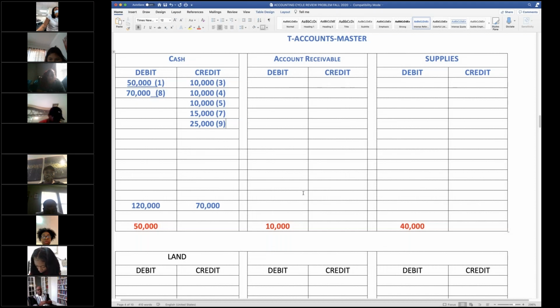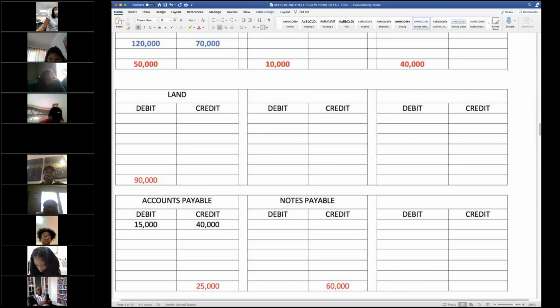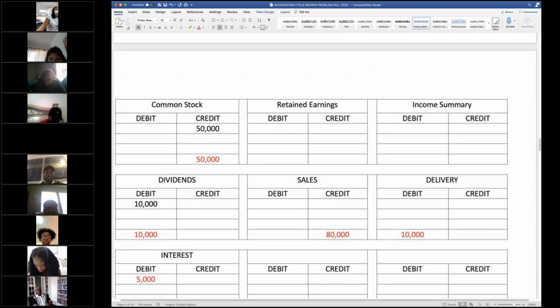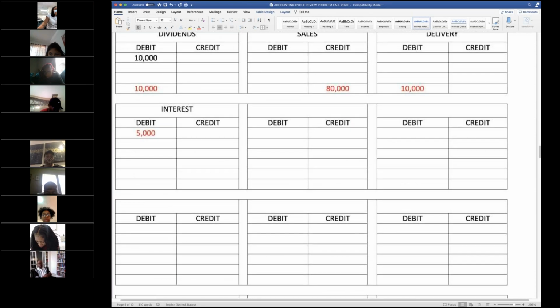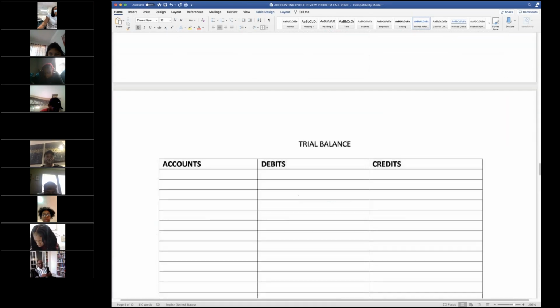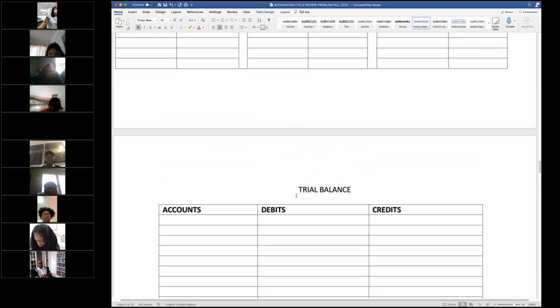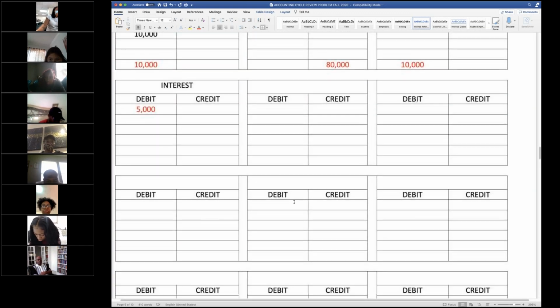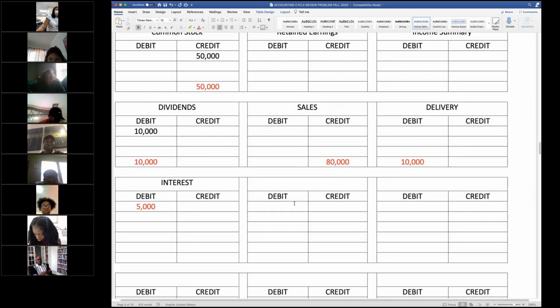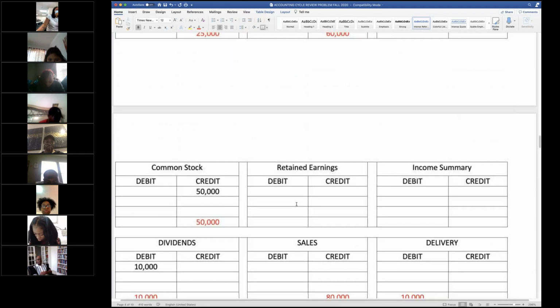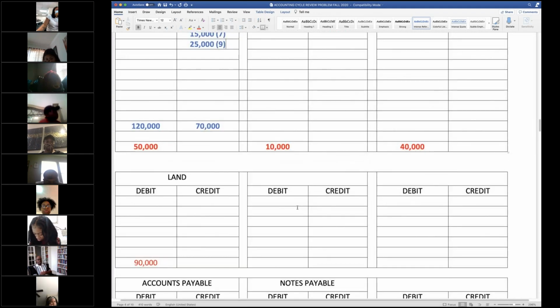Okay, take all these red numbers now and create a trial balance in the same order. Can you go back to where the accounts payable is? I don't know which side to put it on. Is it the debit or credit side when I add it up? Go to cash.